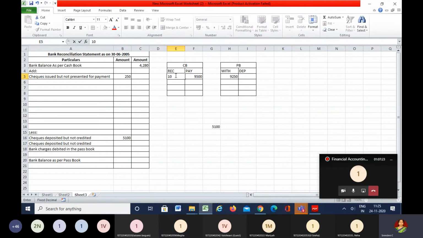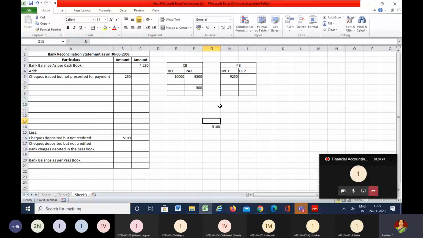Listen to me first. I have a deposit of some 10,000. This is my cash book balance. The balance in the cash book is 10,000, out of which I have issued 9,500. So what should be my balance here? 500, ma'am.